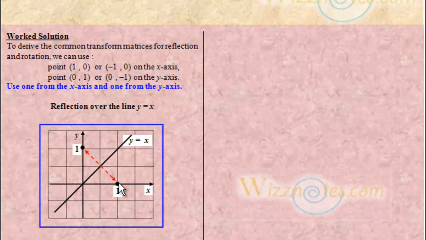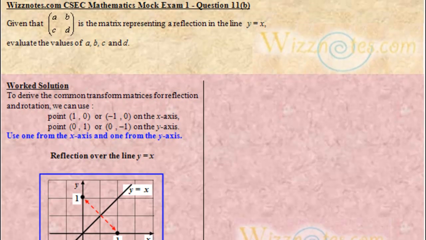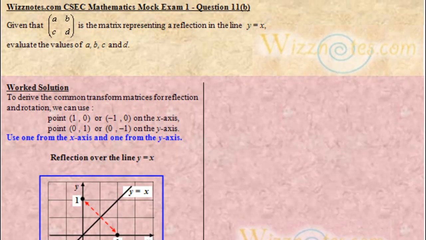Alright, and then what we do now is use the matrix to apply the transformation. We know what the result is, and therefore we can work out the values of A, B, C and D. So let's look at this question that we were asked to find. But first let us put in words what is happening.